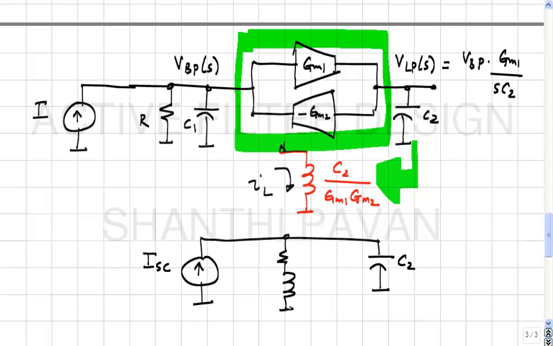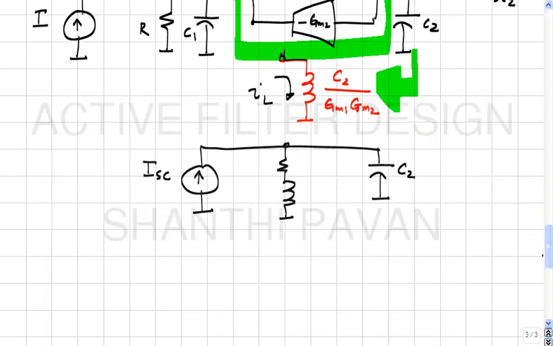with an inductor. The value of the resistor is nothing but 1 by R plus SC1, which is the admittance at the other port of the gyrator, divided by GM1, GM2. Okay.